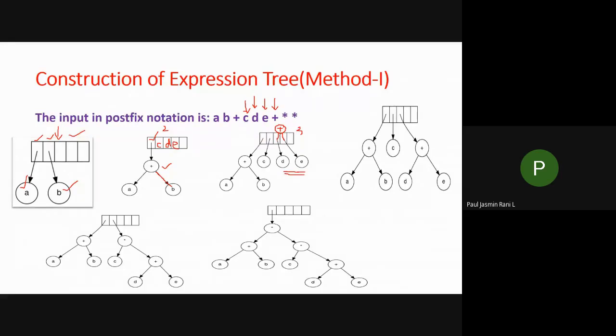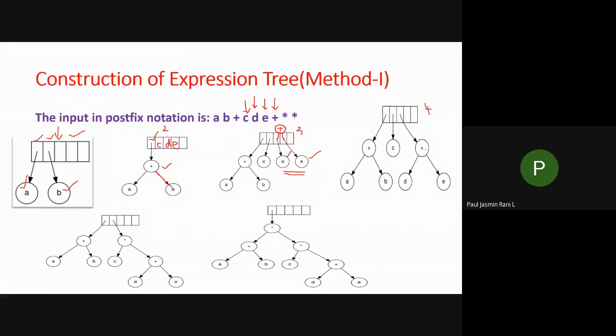After doing this you will get your fourth diagram like this. In this one you popped E and D, and I created the tree data structure using this plus operator, and I got this tree structure.